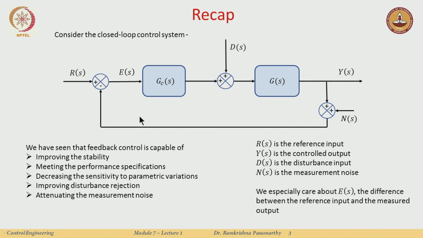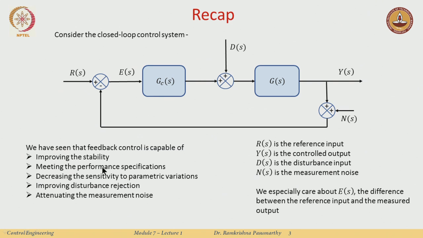So, we started defining in our earlier lectures a closed loop system of this form where I had a plant to be controlled via this controller. I have a reference signal R of S which I need to track here, then there were disturbances in the system, there was noise and so on. So, this feedback configuration we saw does improve the stability.